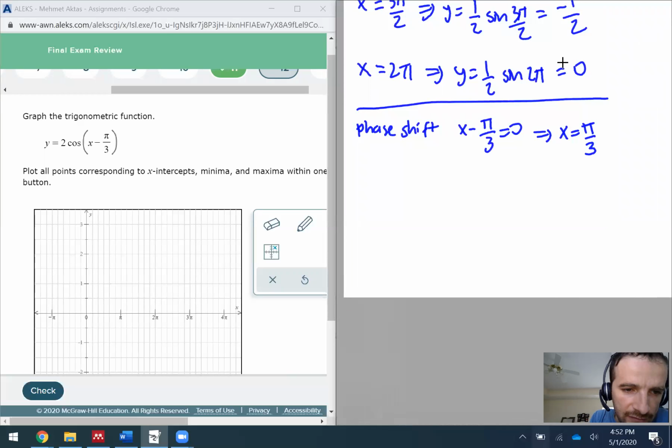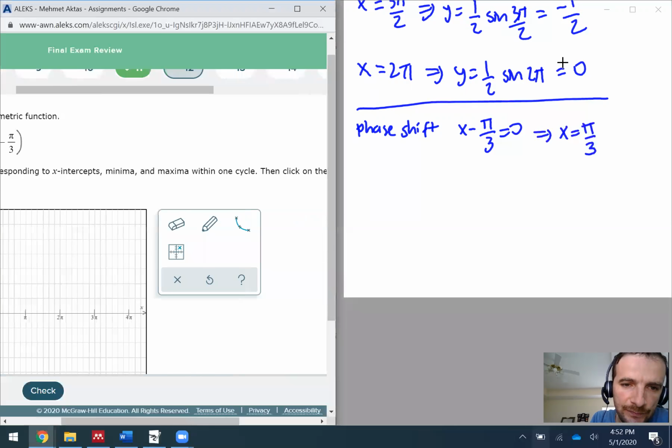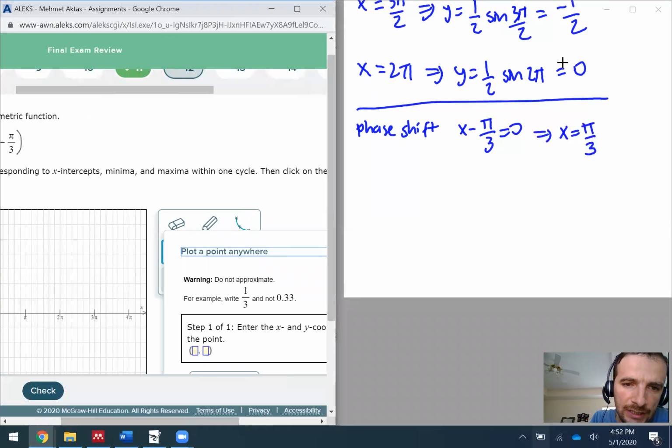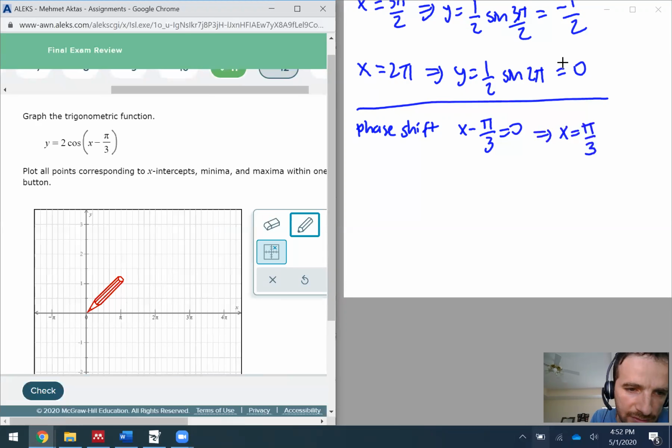So we are going to take 1, shift it pi over 3 units to the right, and then stretch it by 2 units. It will be going to 2. So our new point is pi over 3 comma 2. You see that? Maybe I can draw it.